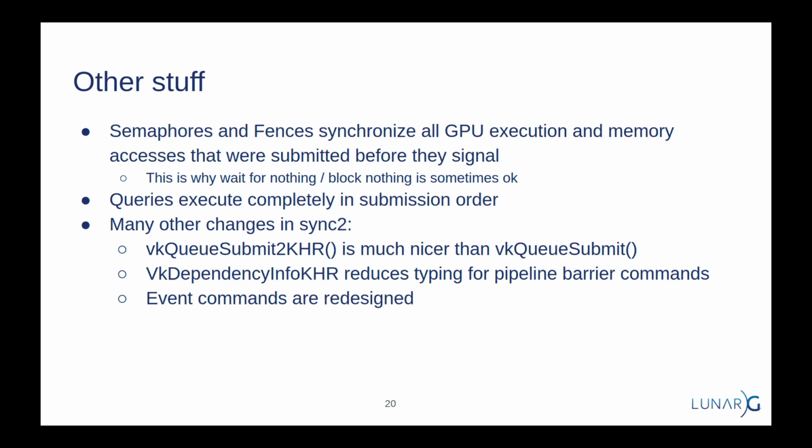The one thing you have to be really careful with is that the new and old event APIs both use VkEvent, but they're not compatible. So if you're using synchronization 2 event calls, you have to use them throughout all of the lifecycle of that VkEvent object. Otherwise, you'll get undefined behavior and validation errors.